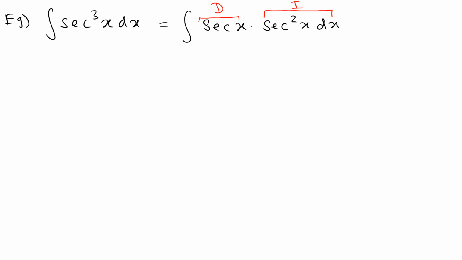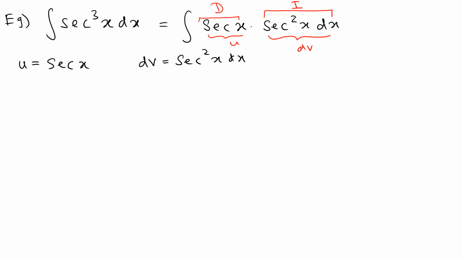So this is exactly the idea here. We're going to pick one as the u term and the other one as the dv term. So in this case, u equals secant x, and dv equals secant squared x dx. You can write it like that.